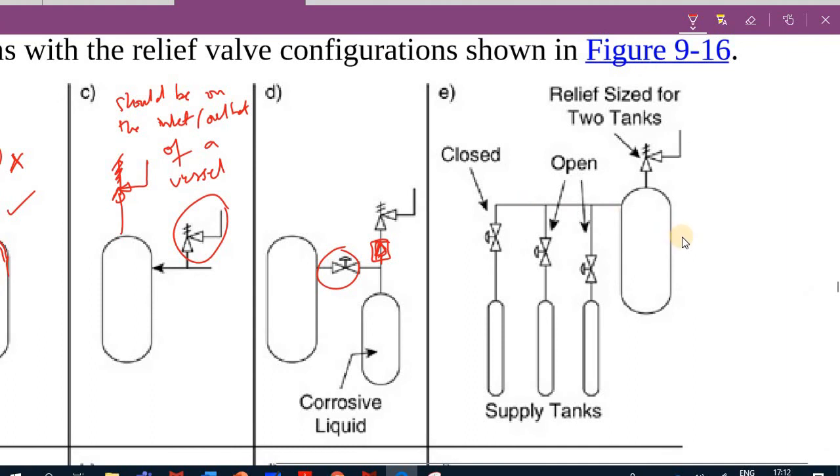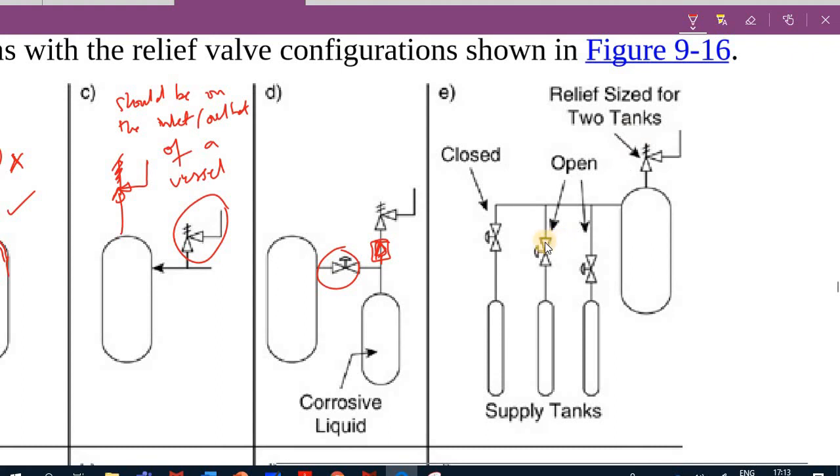Okay, what about E? So look at it, we have supply tanks, enclosed and open, and then we have the relief size for the two tanks. What's the problem do you think that we have here? The thing that I can see here is that this was designed only to relieve for these two tanks, right?